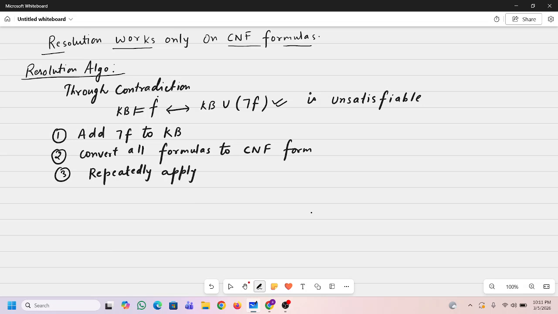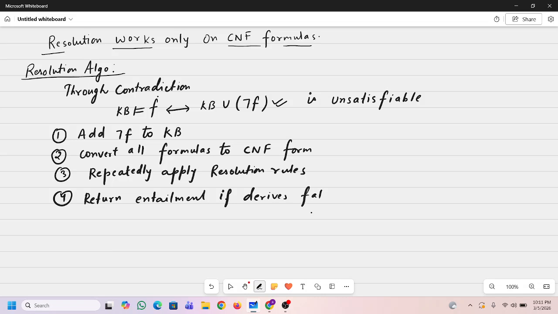Now return entailment if it derives false. That means it should return entailment if it derives false. Okay, so let us see one example.